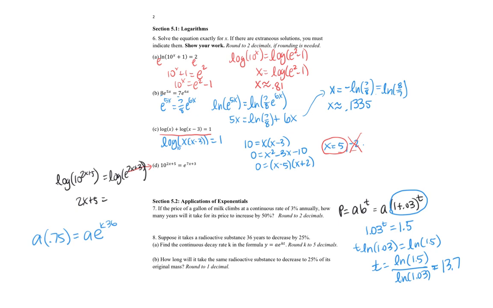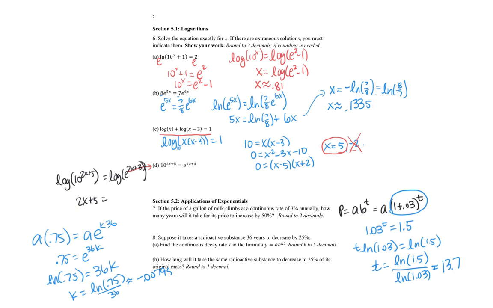So I can divide both sides by A. So I have 0.75 equals e to the 36k. Then I can take the natural log of both sides and divide by 36. And so for a decimal approximation of that, natural log of 0.75 divided by 36 gives me negative 0.00799.